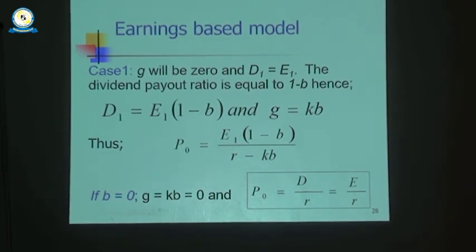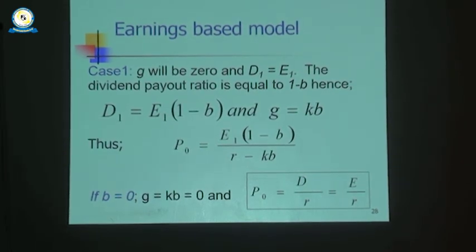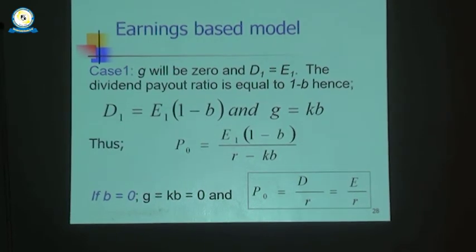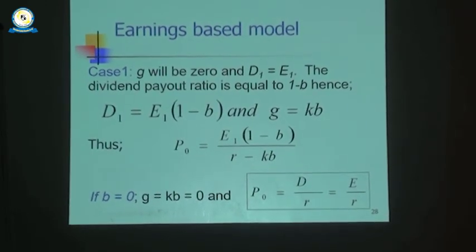Sometimes when we are valuing the share, we are supposed to know whether the dividend obtained is given to the shareholders all of it, or just part of it. That is where we are supposed to know this payout. We have the dividend payout ratio and we have the retention ratio.